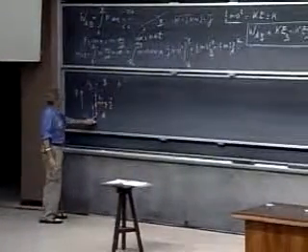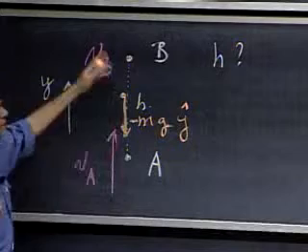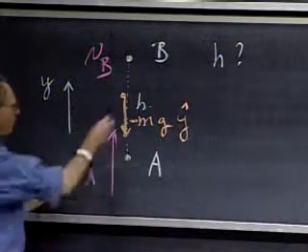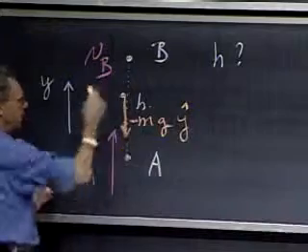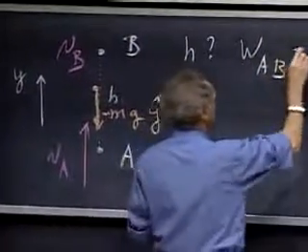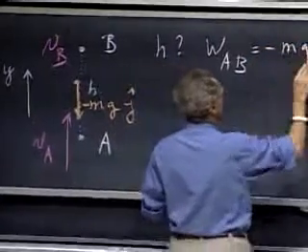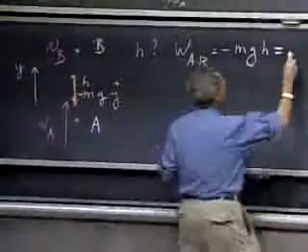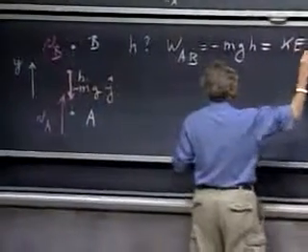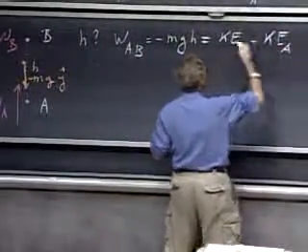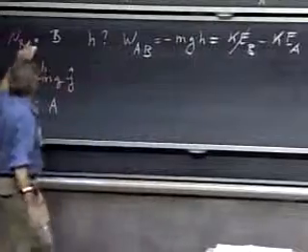So I can write down that the work that gravity is doing in going from A to B is clearly negative. The force is in this direction and the motion is in this direction. So the work that gravity is doing in going from A to B equals minus mgh. That must be the kinetic energy at point B minus the kinetic energy at point A. This is 0 because it comes to a halt here.